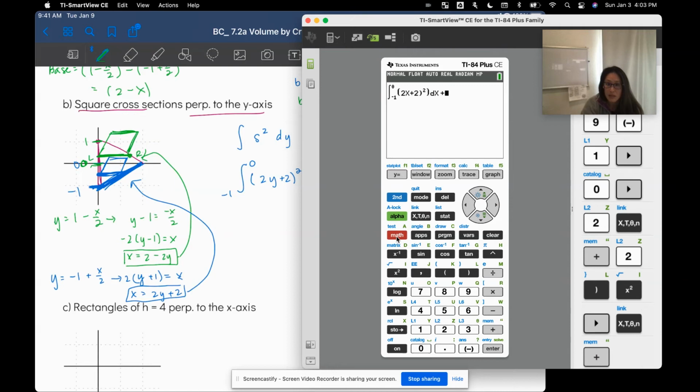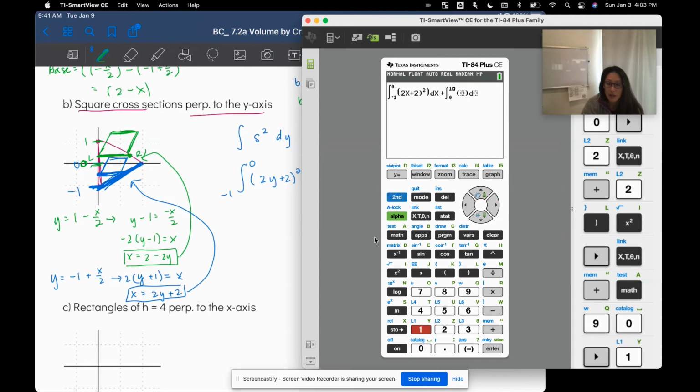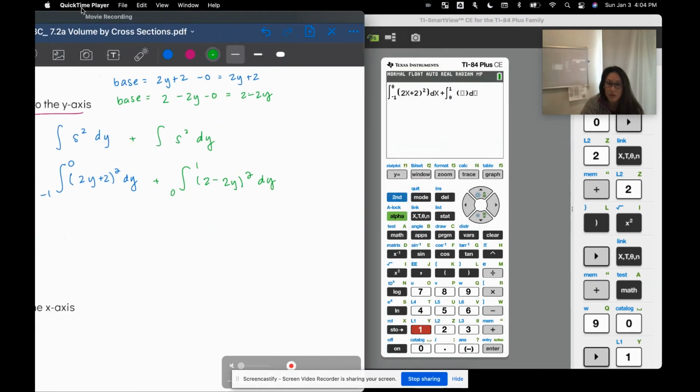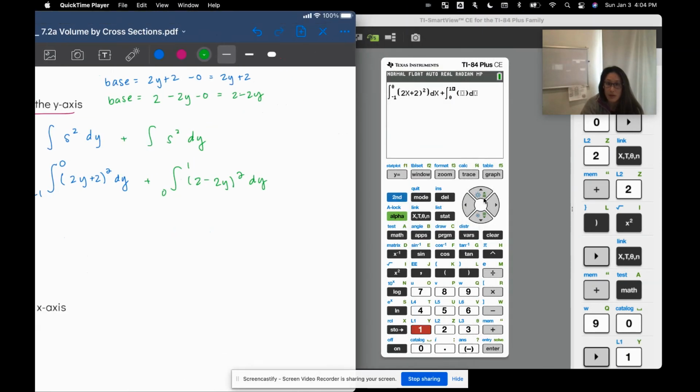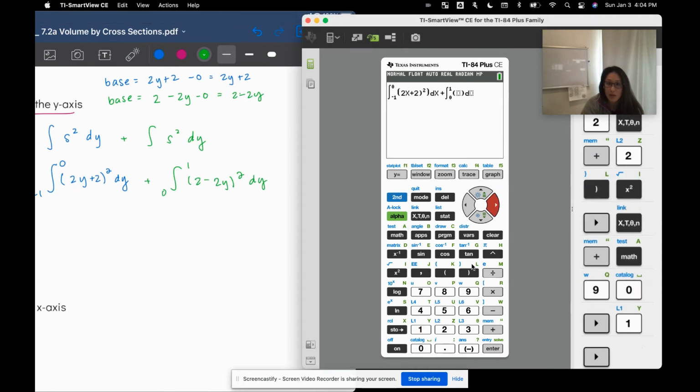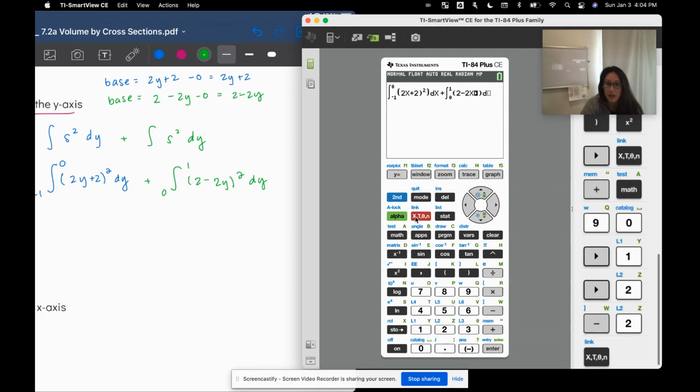plus the integral from 0 to 1 of 2 minus 2y, close my parentheses and square it, dy, or dx. I just write it in terms of x. It comes out to the same, I swear.